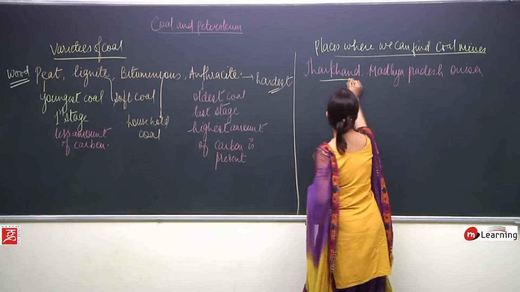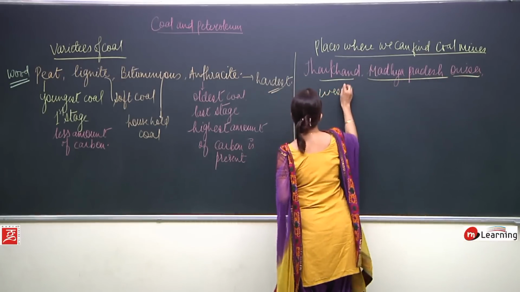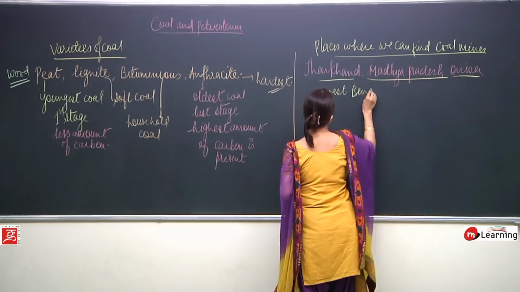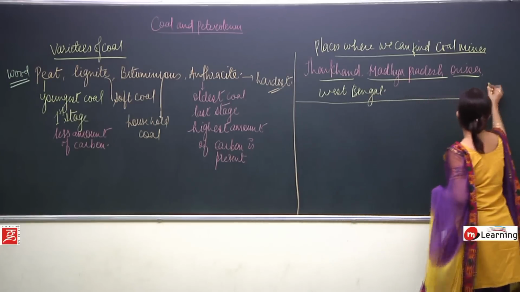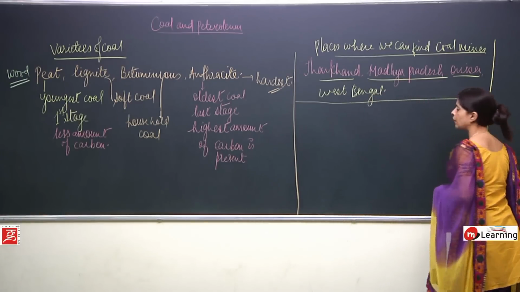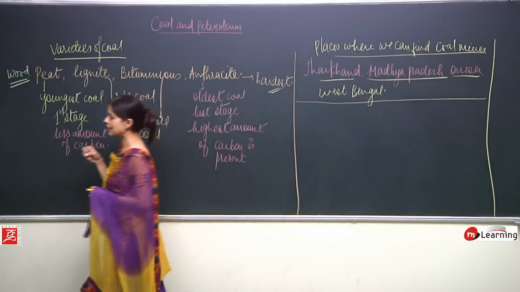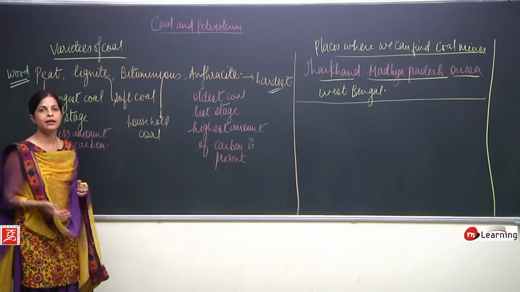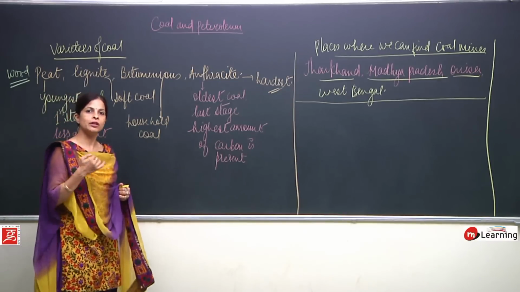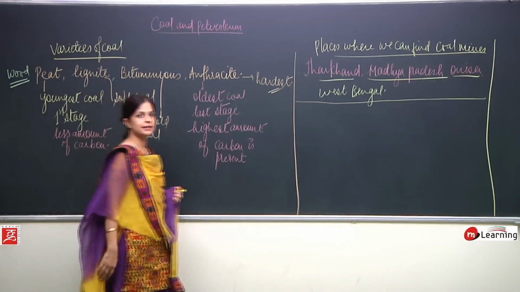So Jharkhand, Madhya Pradesh, Orissa, and even West Bengal, these are the places where we can find coal. Okay, so this was a rough sketch of what the stages of coal are and what the difference is. This is the very primary difference that we have discussed now.